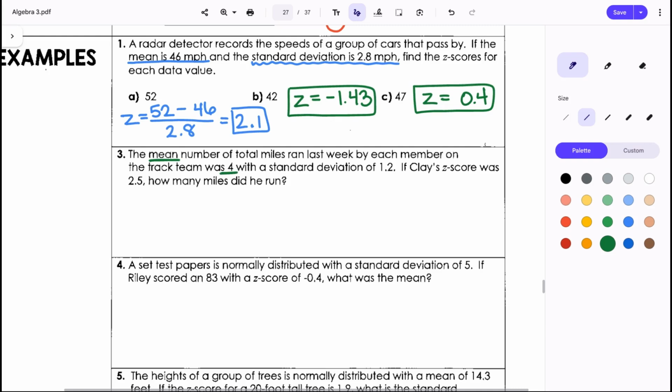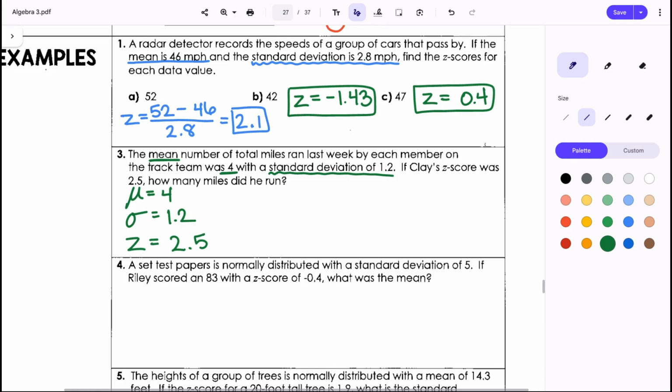So that's this value. Symbolically, your mean is 4. Standard deviation is 1.2. If Clay's z-score was 2.5, they want to know how many miles he ran. So we're missing the data value. They want us to find the x this time.